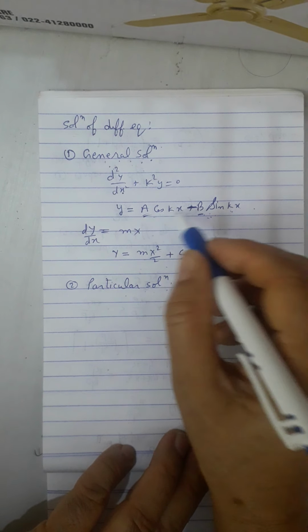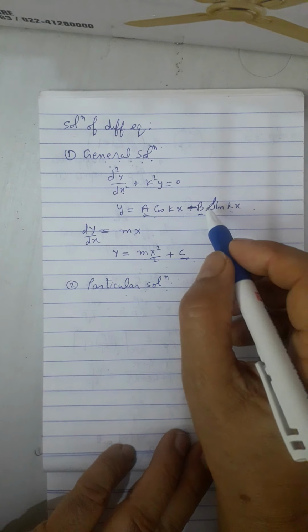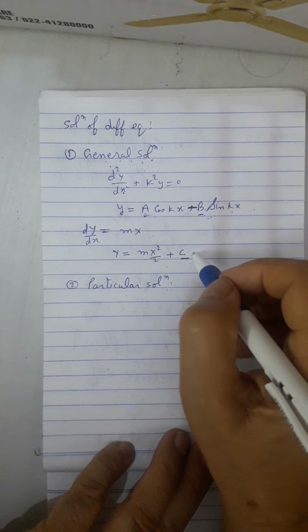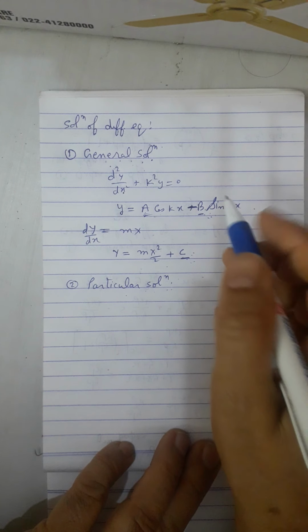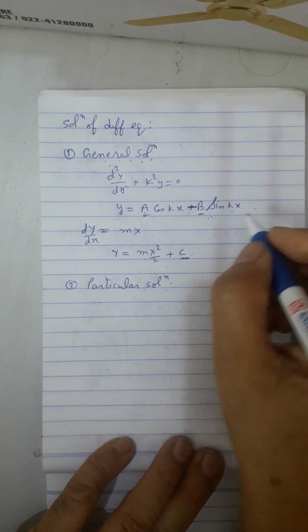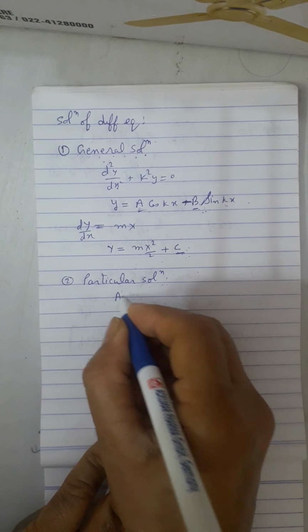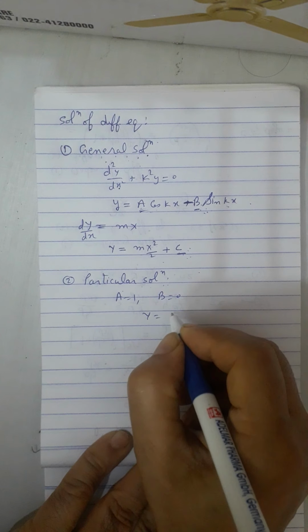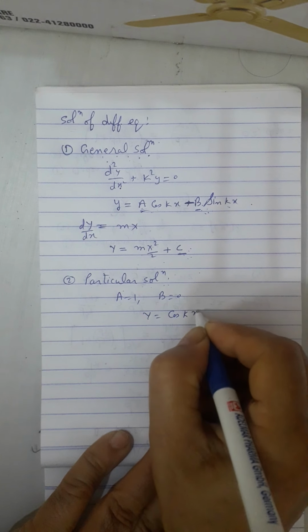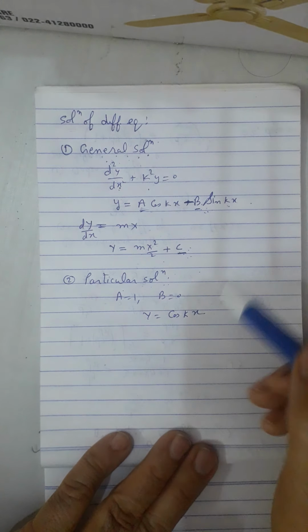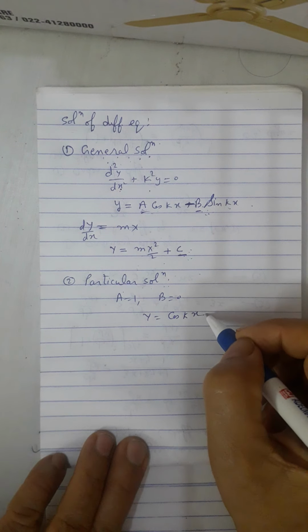Clear? We are giving some fixed values to a and b, and similarly in the second equation we are giving some value to c, then this is called the particular solution. For example, in the first case we take a is equal to 1 and b is equal to 0. The solution will be y is equal to cos kx, the solution of the equation d2y upon dx square plus k square y equal to 0.